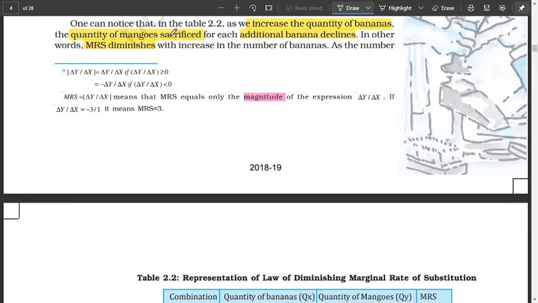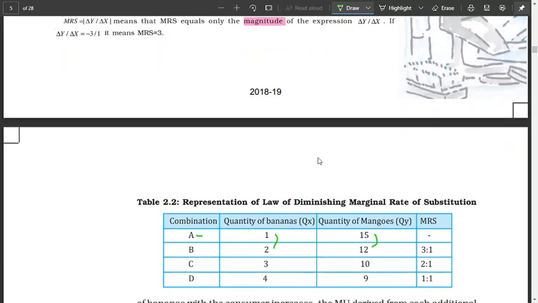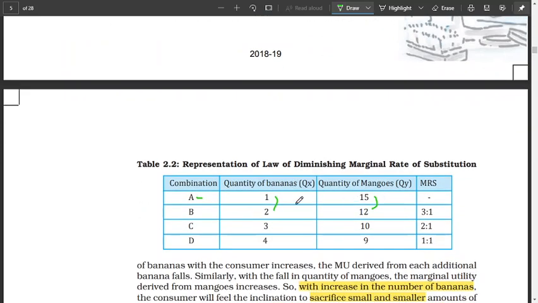So from the table you can see as we increase the quantity of bananas, the quantity of mangoes sacrificed for each additional banana declines. So in this case you can see that way of sacrificing, of getting more bananas for getting less and less of mangoes, is the marginal rate of substitution. It keeps on declining. You have to forgo 3 mangoes for one banana.